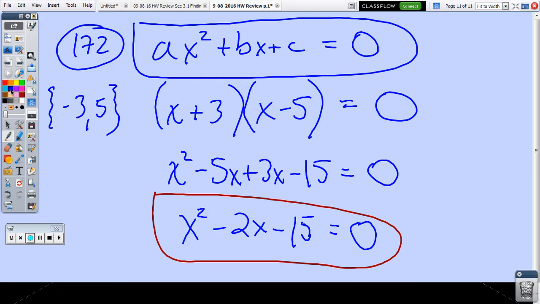Remember, if a, the number in front of the x squared, is positive, it opens up. If it's negative, it opens down. You need to be able to identify the vertex of the parabola when you're given a graph of it. Very simple. You look at it, boom, there it is.